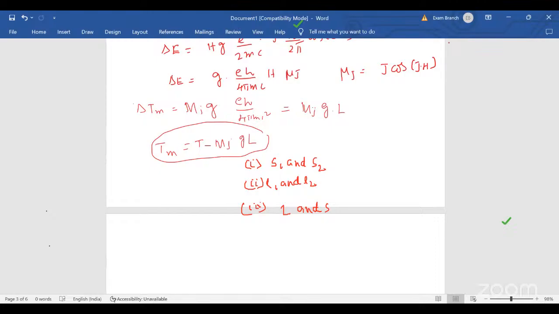In this, if you substitute, g is equal to 1 plus j square plus s square minus l square by 2j square.